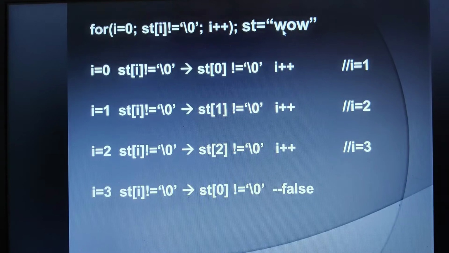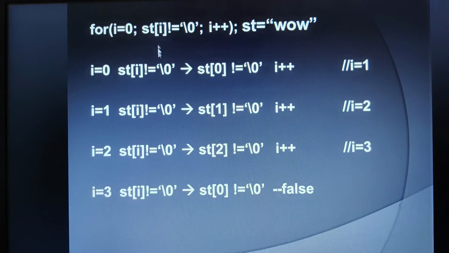So the position of the first character is 0, this is 1 and this is 2, right? So I am initializing a counter variable i to 0. When I initialize i to 0, your pointer will start pointing at this particular position in the given string, that is the 0th location.